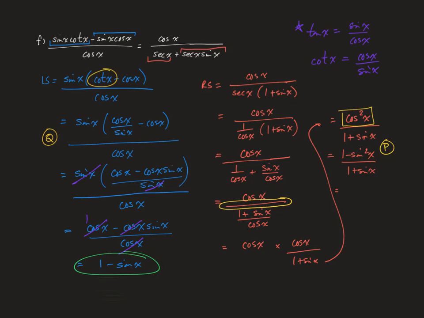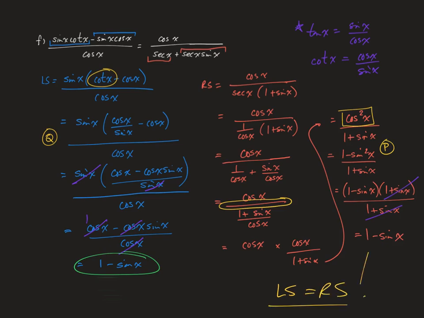And so again, if I factor a difference of squares, I'm going to have conjugates, my 1 minus sine x times my 1 plus sine x. And now that we get to that point, we love seeing that because my 1 plus sine x factors will divide out, and I am left with a 1 minus sine x. And then I can exhale because I finally got down to my left side looking like my right side.